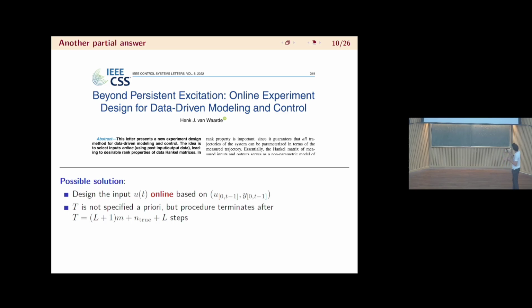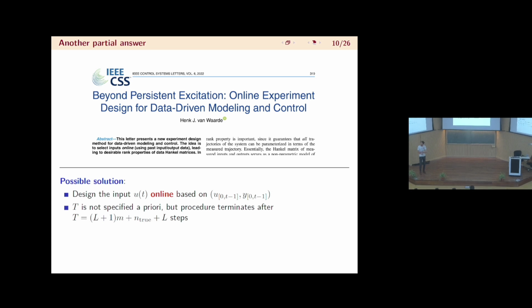But after applying this procedure, at a certain point, the procedure terminates, and it's exactly after T = (L+1)m + n_true + L steps. I will not show you the details, but the idea is, again, you design these inputs online. At a certain point, the procedure stops, and it stops after exactly this number of steps.